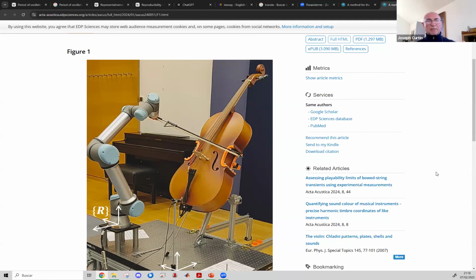But I'm just imagining the missing thing there is the robot doesn't know what sound's coming out. If you put that in the loop and tell the robot to reproduce that sound, then you would start. It's possible, yeah, but that's a different problem.